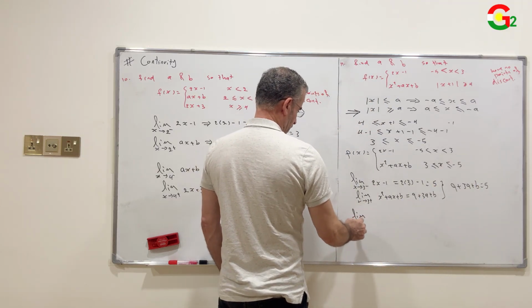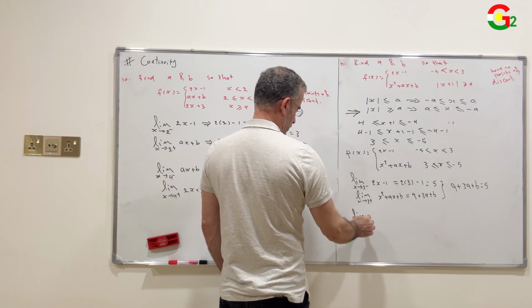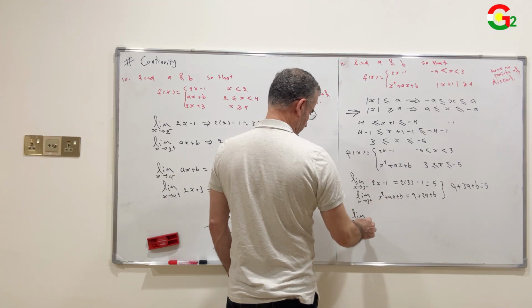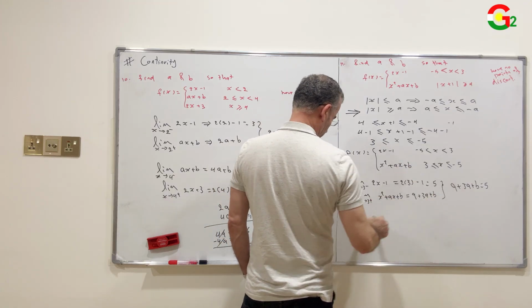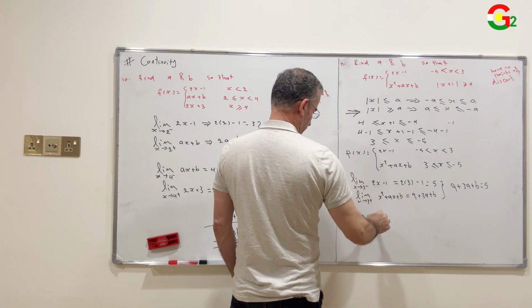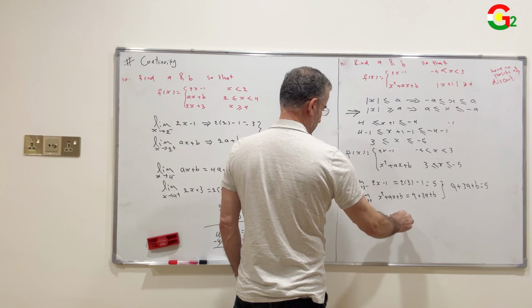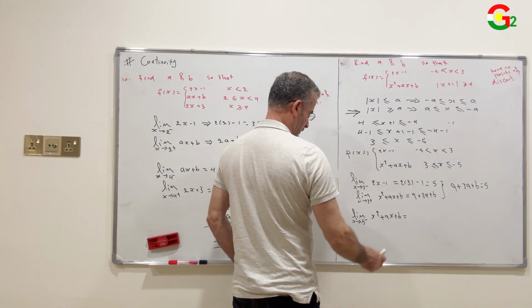The second equation, I find it from the limit when x approaches negative 5. When x approaches negative 5 from the left, the function is x squared plus ax plus b. Substitute every x with negative 5.